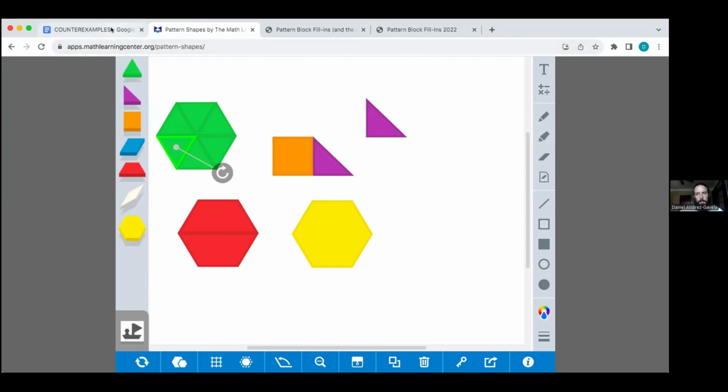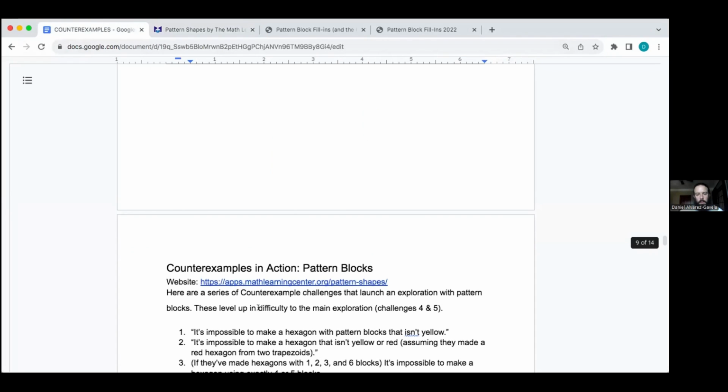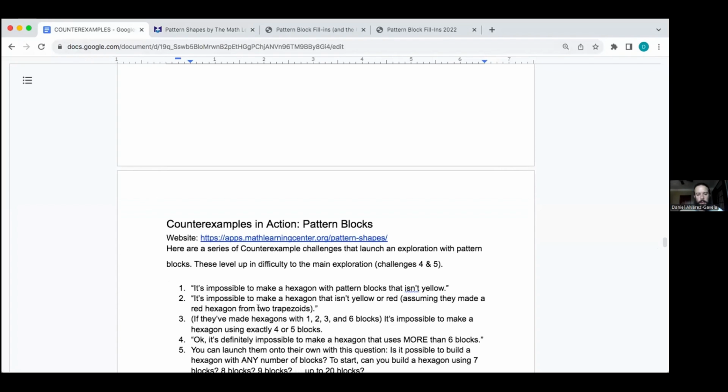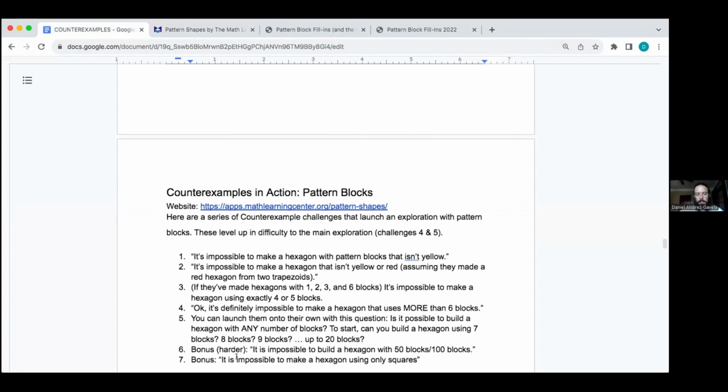But there's a whole number of activities that you can do. The main exploration described here are the challenges 4 and 5, which is, is it possible to build a hexagon with any number of blocks? Okay, so this is kind of fun.